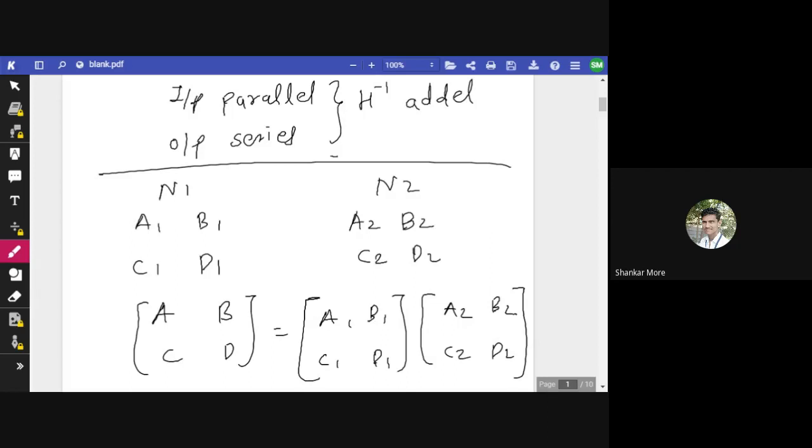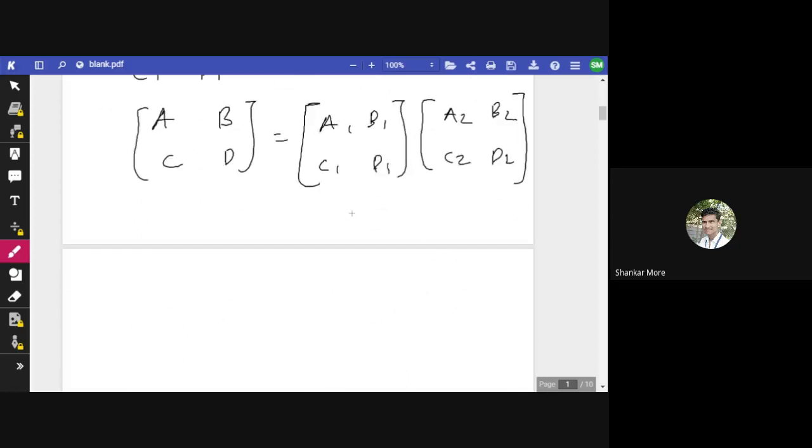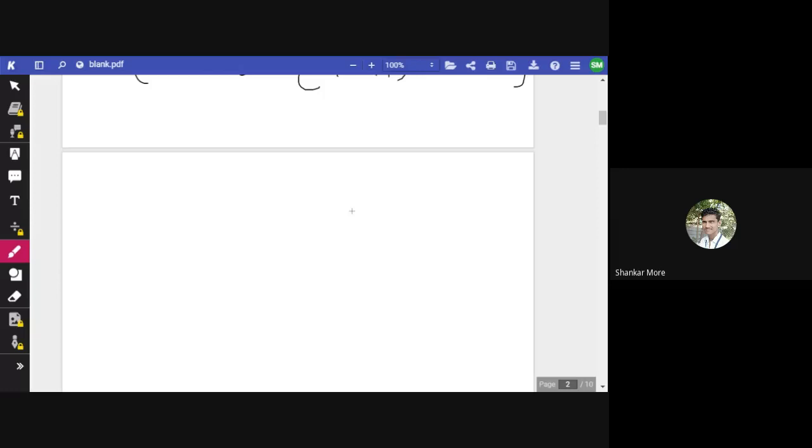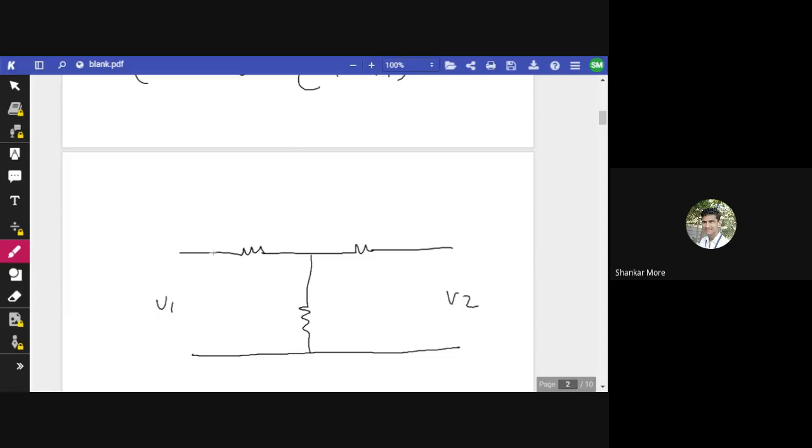Now let me give you one example. Give it a try and tell me which parameters should be added and what the result can be. I have a simple circuit here with V1, V2, and elements 2, 3, and 1.